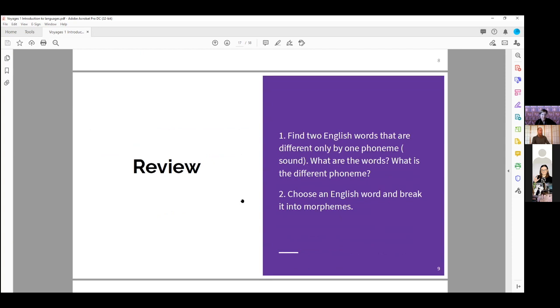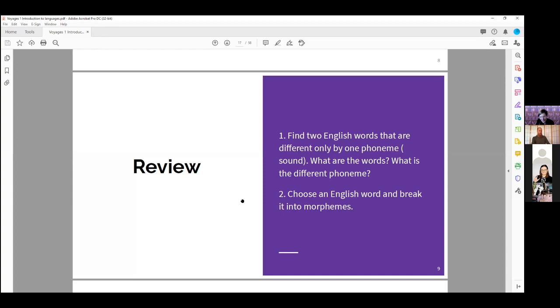Okay, so at this stage, typically we would drop into different rooms and discuss. I think we can probably do this as a whole group. Think about two English words that are different only by one phoneme, so one sound. Choose two words, maybe two rhyming words or two words that start the same and finish differently, and try to pull out what is the phoneme that is the difference between them.